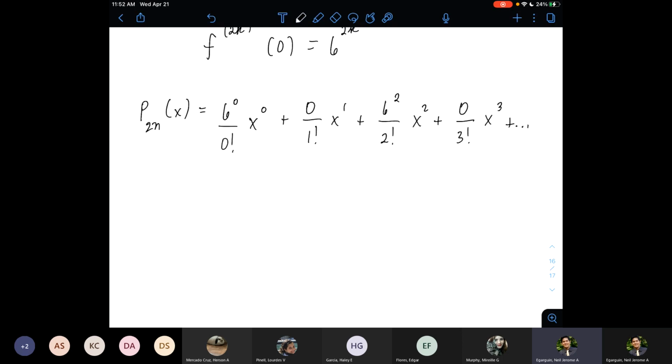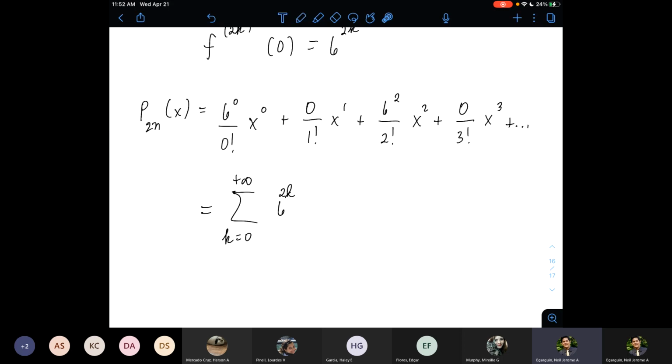Or in summation notation, here we see that all the odd values will be gone, right? All the odd powers will be gone. So I can just do the summation from 0 to positive infinity of 6 to the power 2k instead, right?